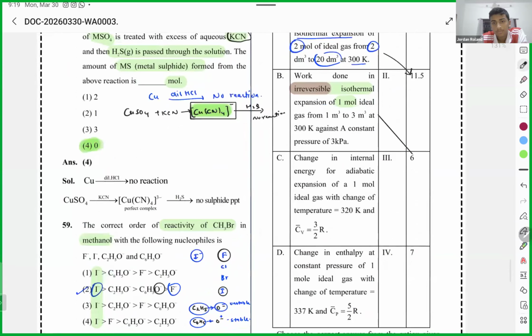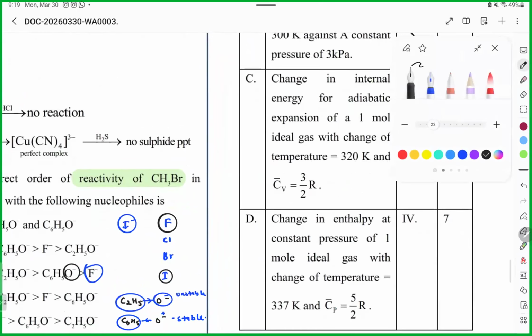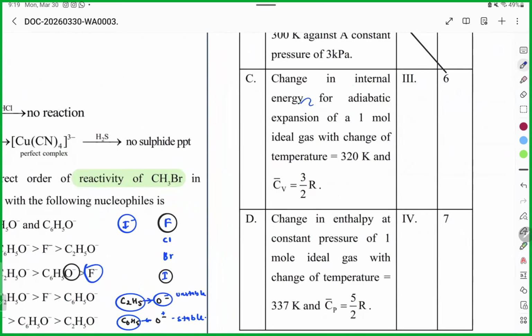Calculate the third and fourth options. Now you have to calculate everything in every option. Change in the internal energy for the adiabatic expansion. Adiabatic, 1 mole, and temperature is this, and CV value is 3 by 2 R. If 3 by 2 R, it means this is a monoatomic gas. Correct?